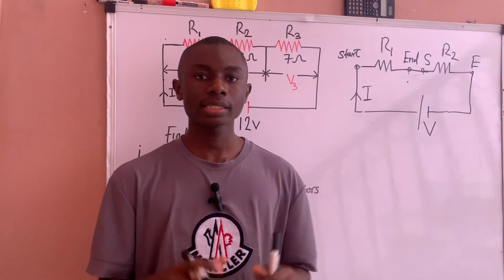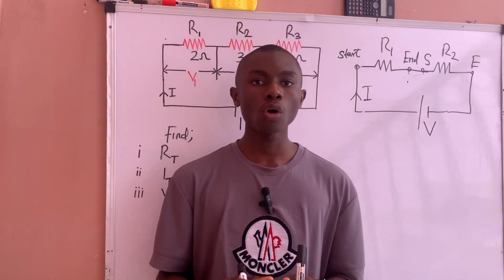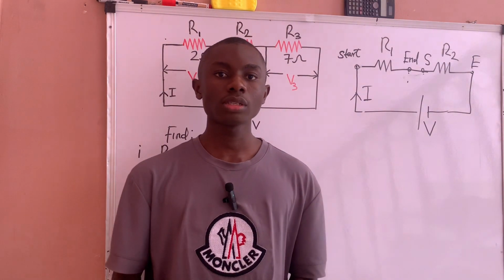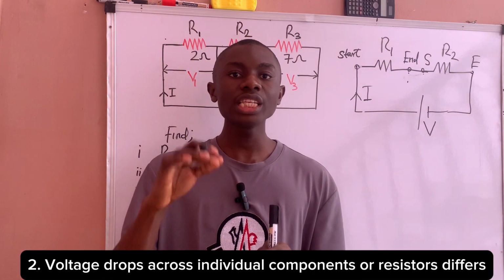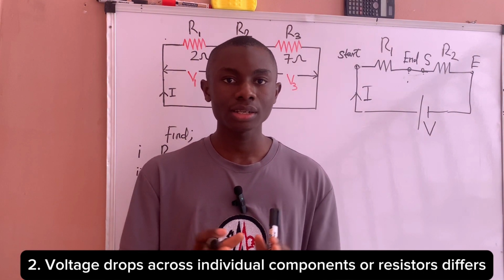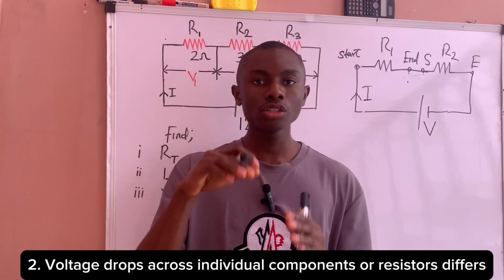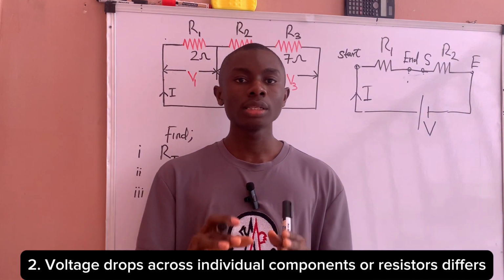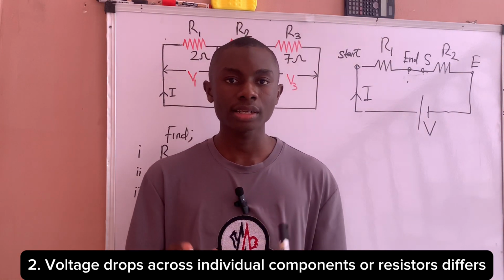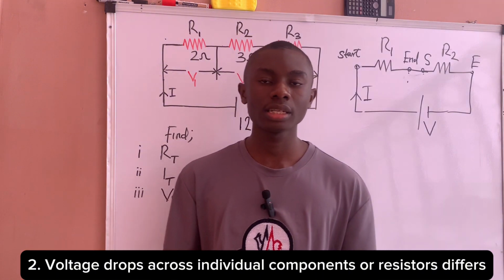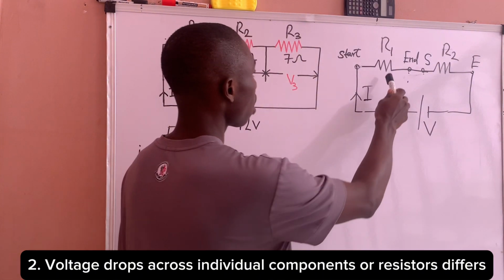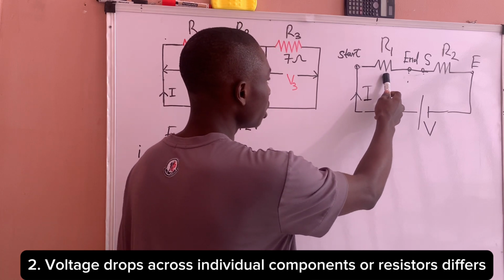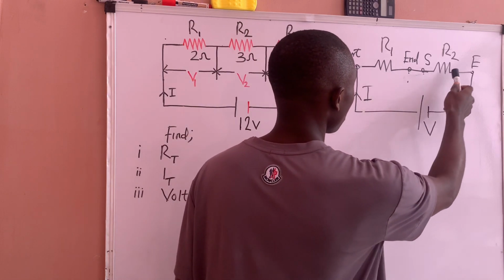Another characteristic of a series circuit is that the voltage drop across the individual resistors differs. The voltage drop across resistor R1 is different from the voltage drop across resistor R2.